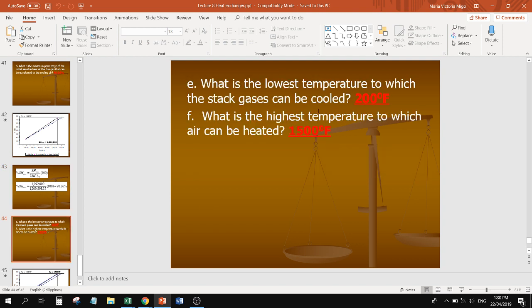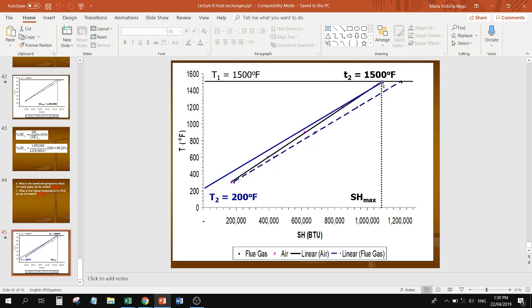Okay. What is the lowest temperature to which the flue gas can be cooled? It's 200 degrees Fahrenheit. So how can you read that from the graph? You make a parallel line with the flue gas line and you shift that line so that one end of the line would intersect with the intersection of the cold fluid line and the horizontal line at 1500 degrees Fahrenheit.